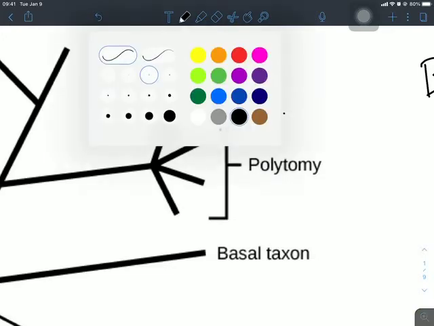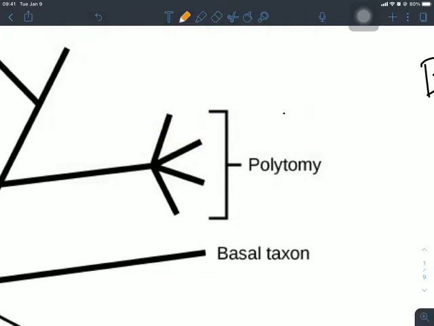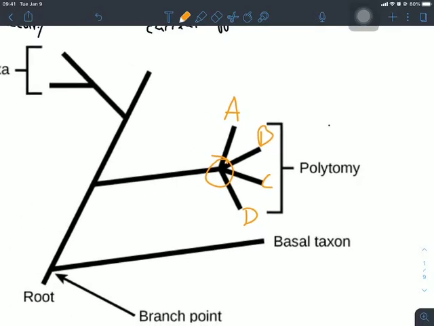We may know that the species here, species A, B, C, and D, all share a common ancestor, but we don't know whether A and B are more closely related to one another, or that A is more closely related to C, or maybe B is more closely related to D. We do not know how the structure, the hierarchy exists in this group, but we can illustrate that they all share a common ancestor by collapsing their branches into a polytomy by connecting them at one simultaneous point.